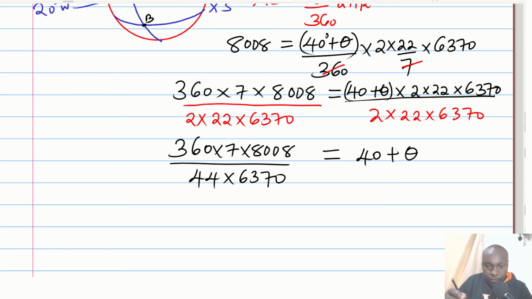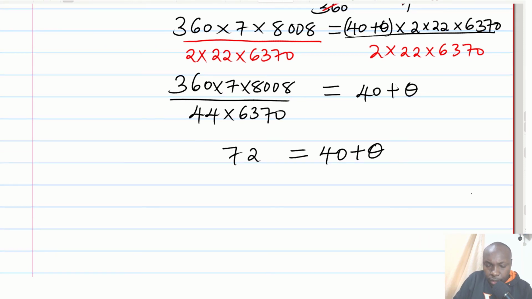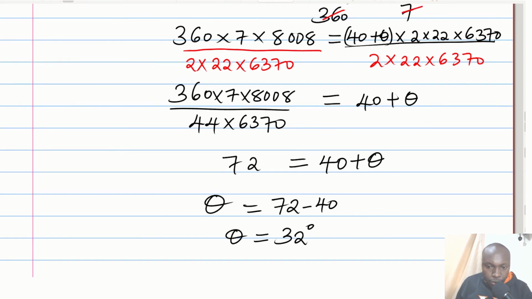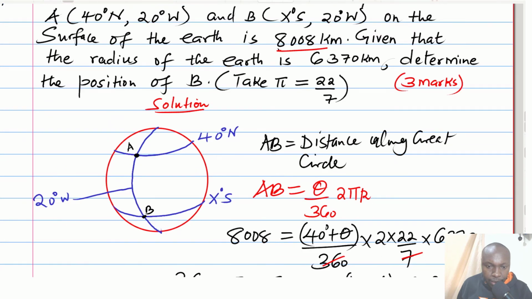The left hand side will give 72, which equals 40 plus theta. So now we can get theta by subtracting 40 on both sides. This will be 72 minus 40, and therefore theta will be 32 degrees. That is now the latitude where B lies.